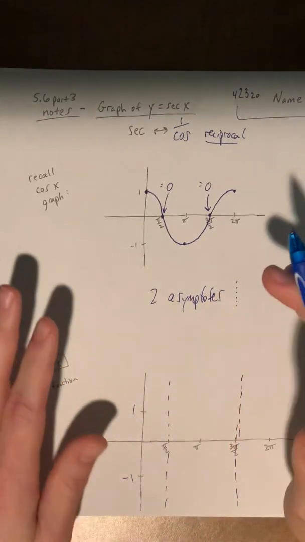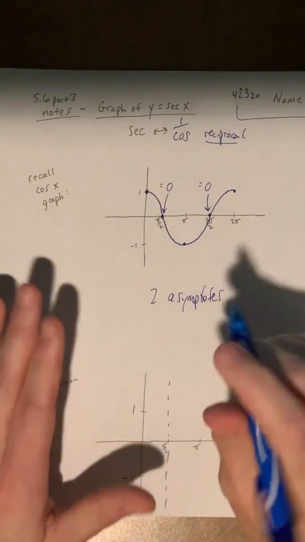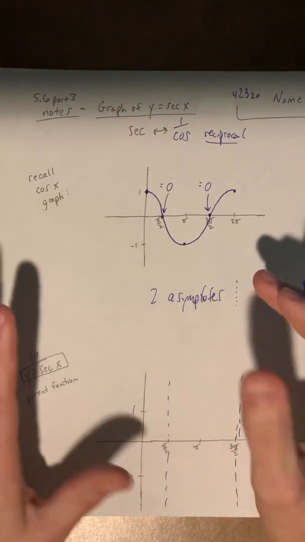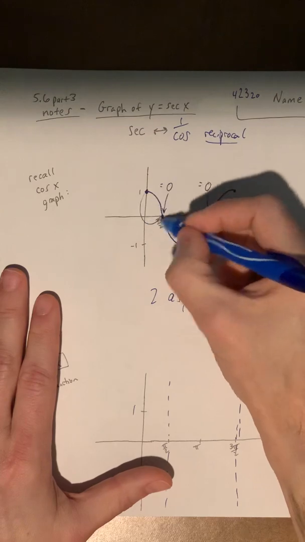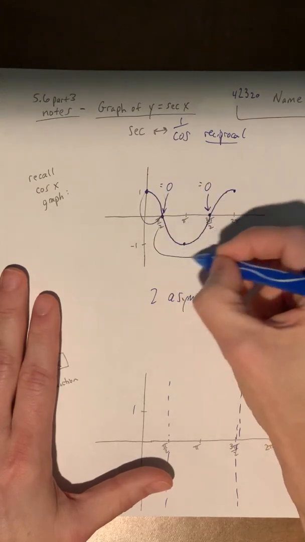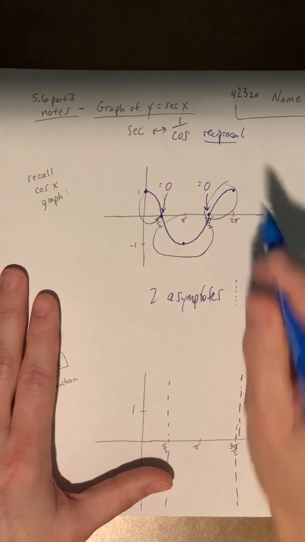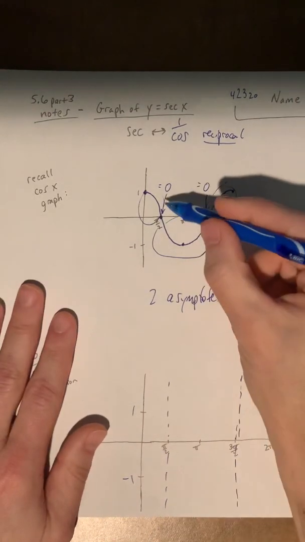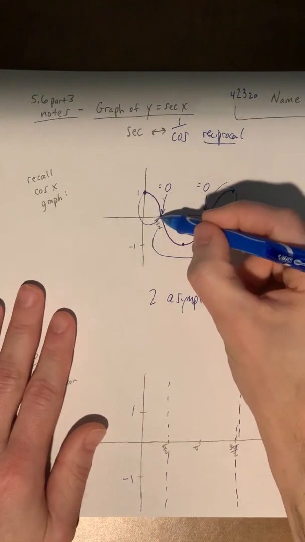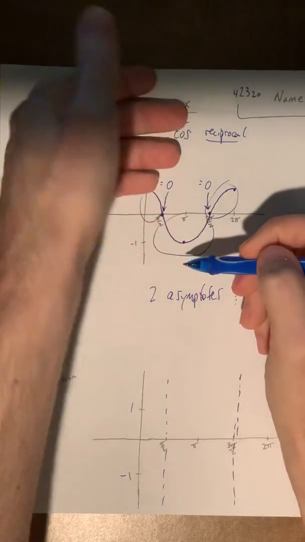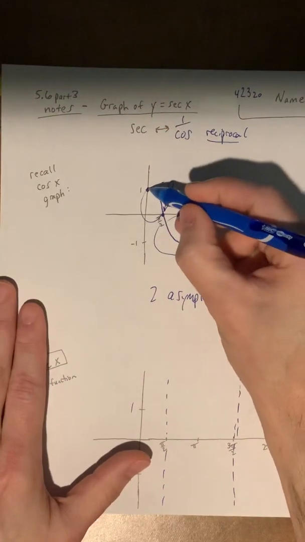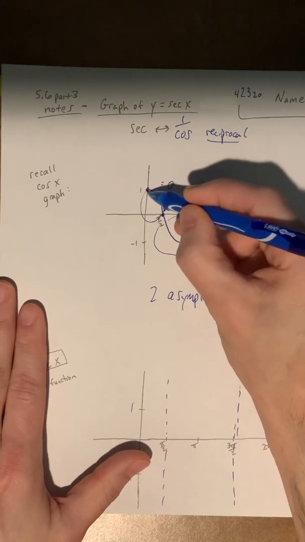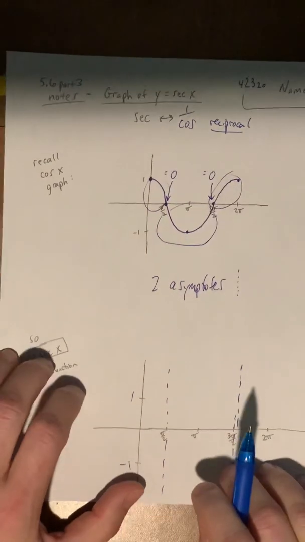But there's 3 parts we're going to flip. With the sine graph, we just flipped 2 parts to get the cosecant graph. We're going to have to flip this part and this part separately, okay? So, if you take this curve right here and you flip it up, it's going to resemble this.